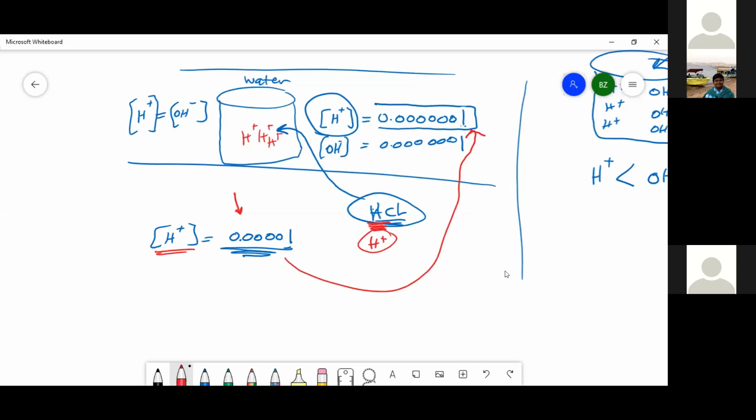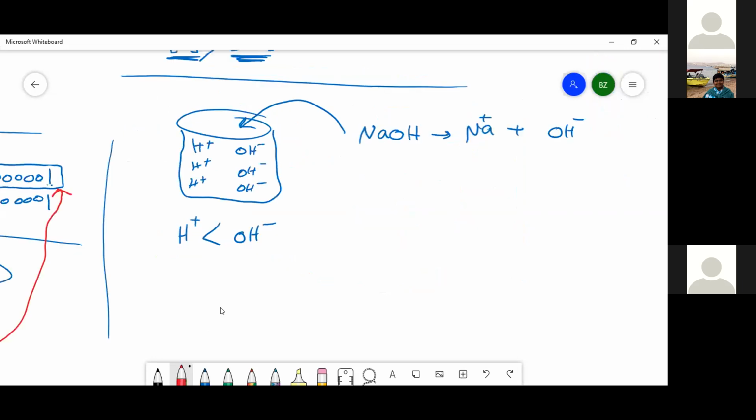Now, if we add NaOH, the concentration of H plus will be less. How? Let's see. Actually, I will go back to that example. When you add NaOH to water, the OH minus will react with the H plus.